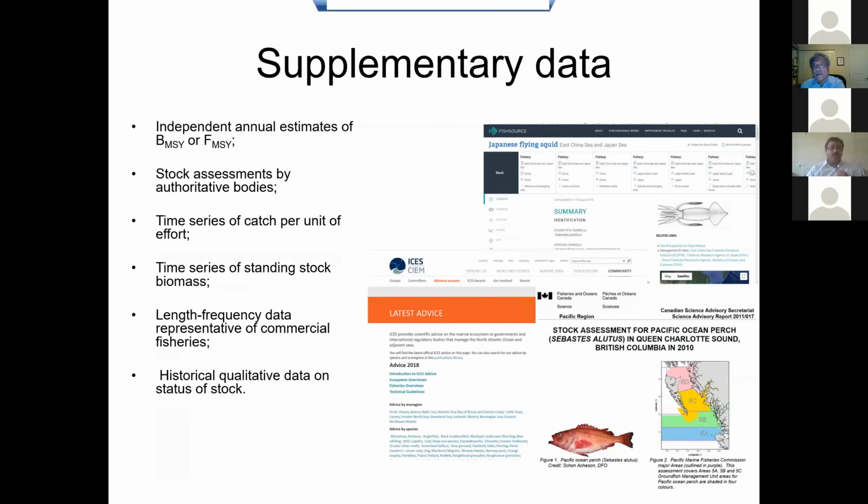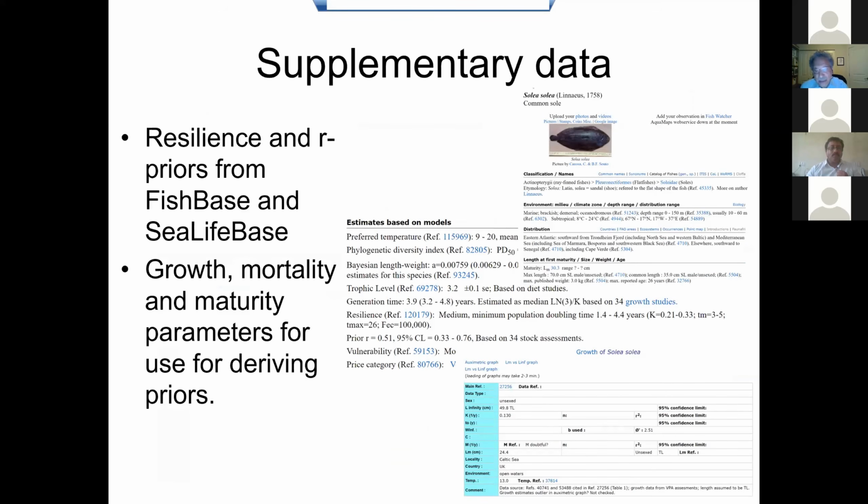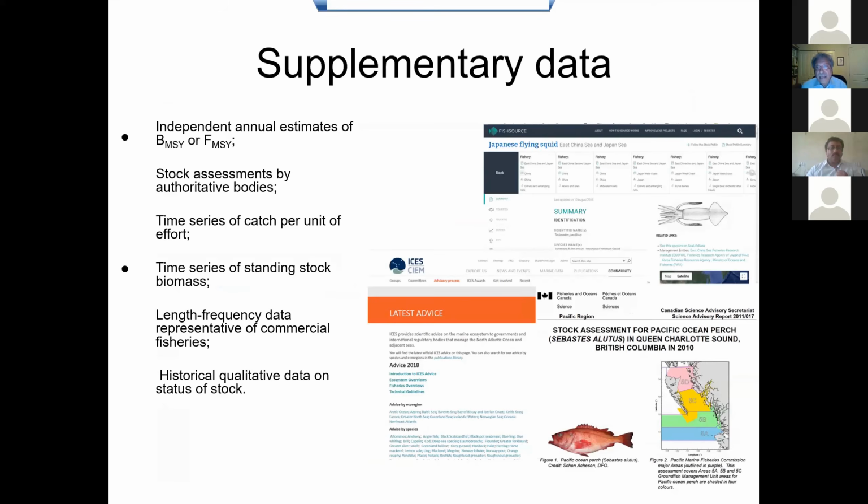FishBase is this database of fish that I mentioned previously, or you can use assessments that have been done by other people, and you can reduce the uncertainty around your assessment by looking at related species or earlier assessments.